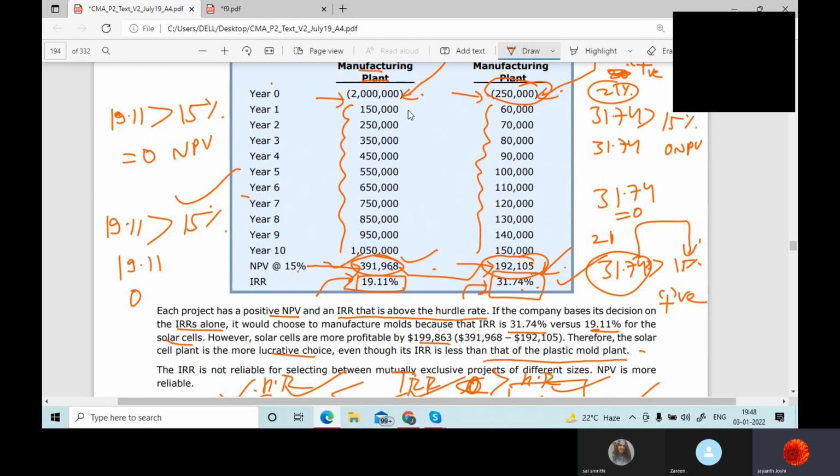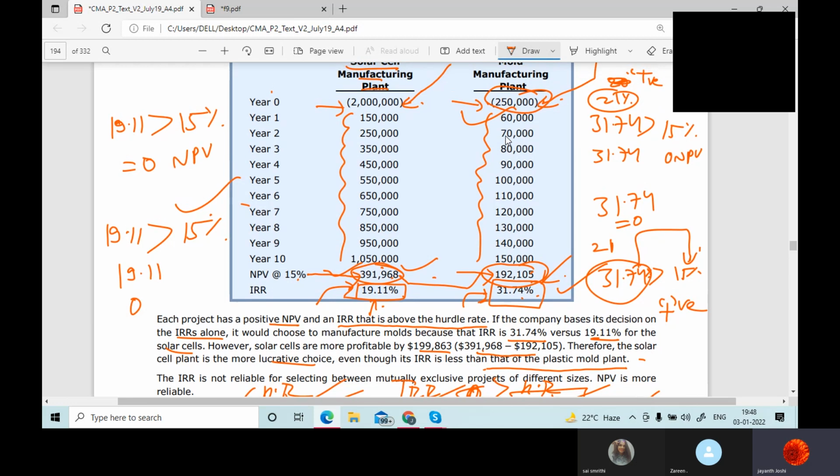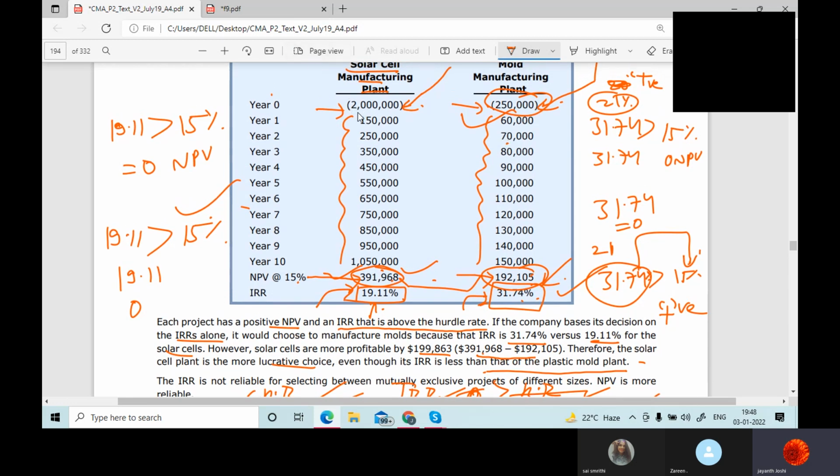So when I see the solar manufacturing plant, it is giving me less IRR and a higher NPV, which shows me a bigger cash saving, because NPV gives a very clear picture that here you can save more, because your cash inflows are much higher compared to this. You're investing this much, but here the cash inflows are higher, and cash inflows can be higher based upon your selling strategies.